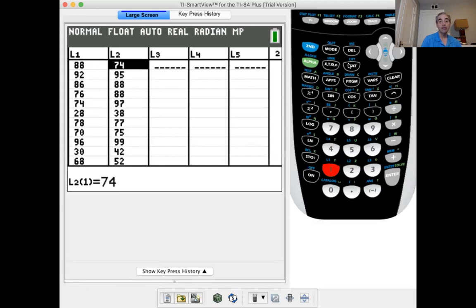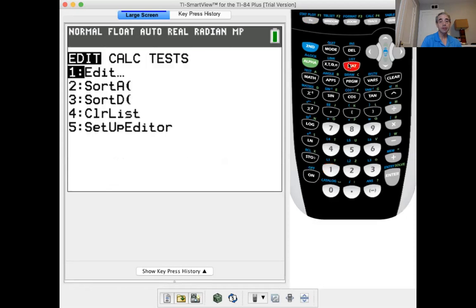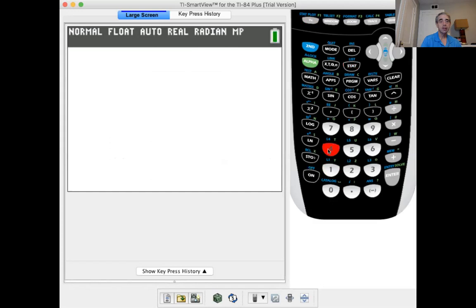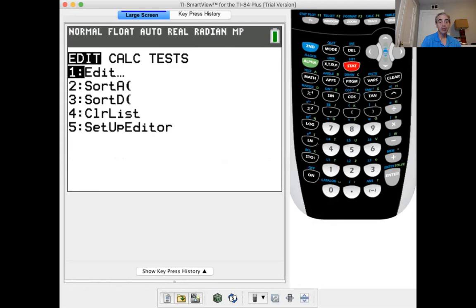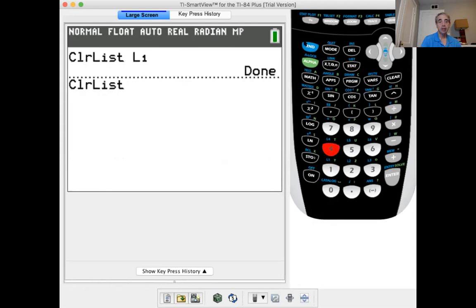So stat, clear list. I'll clear list L1, so L1's gone. I also had data in list 2, so stat, clear list L2, enter. Now those should be empty.